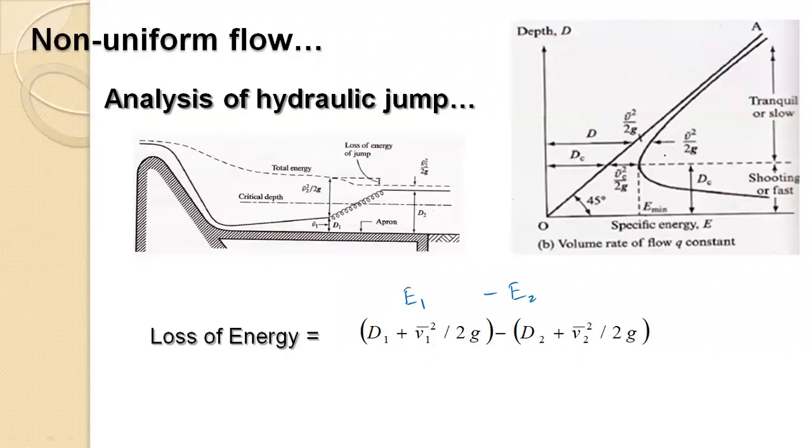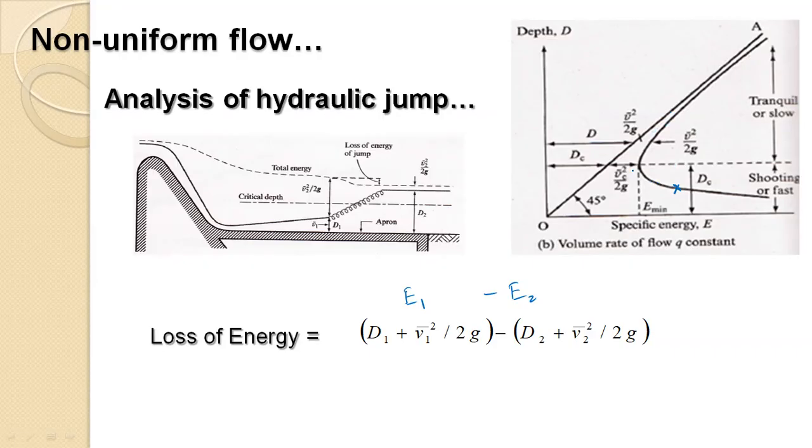Now, in the hydraulic jump, you know that the flow changes from shooting flow or supercritical flow to subcritical flow. If you observe this E-D curve or E-Y curve, what happens here is that when you have the occurrence of a hydraulic jump, rapidly varied flow, this doesn't change along this profile.